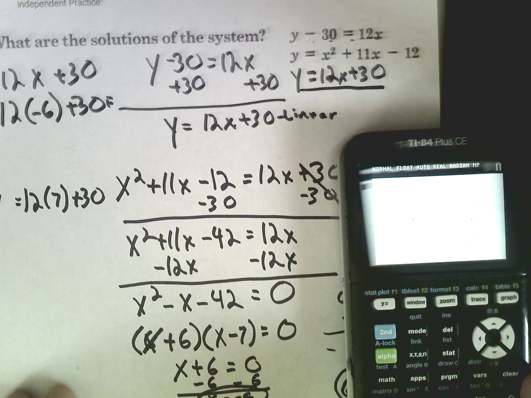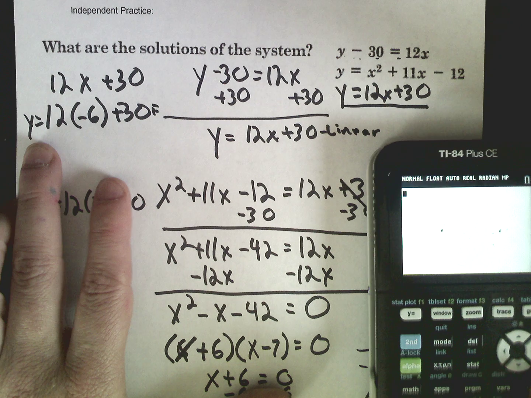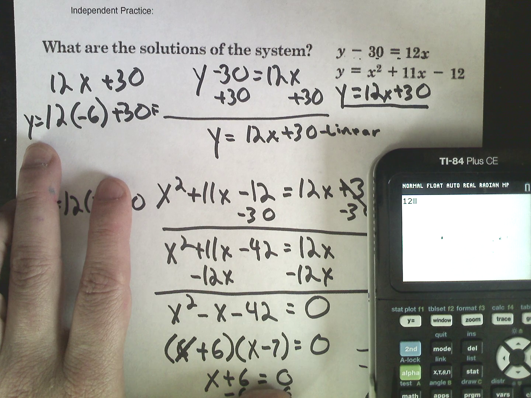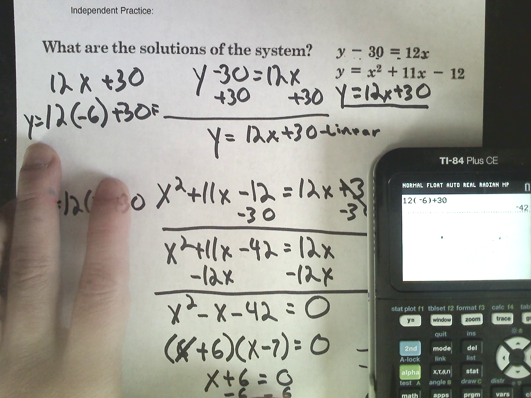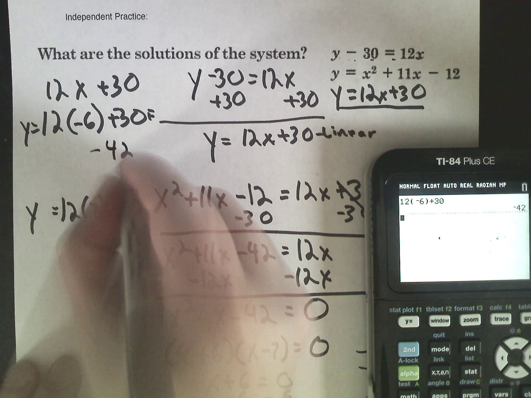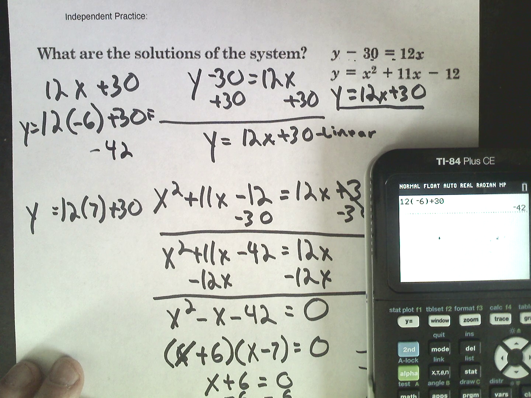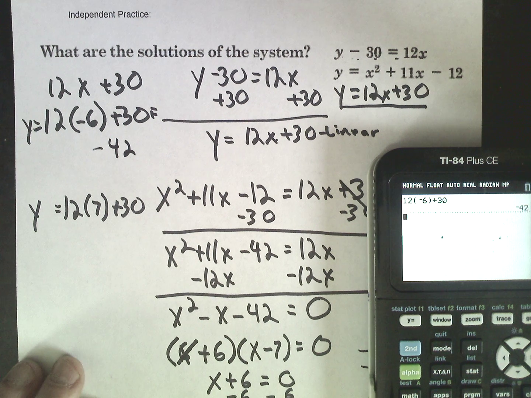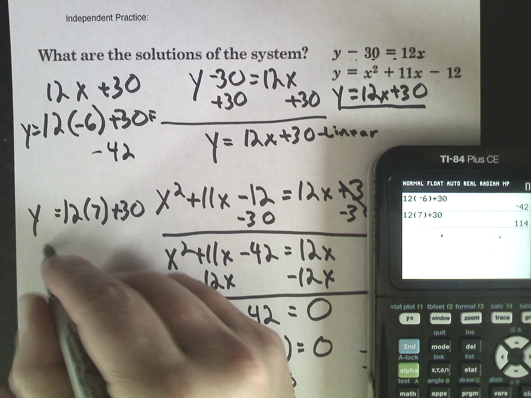So I'm just going to type them in exactly as I have them here. 12 times negative 6 plus 30. Negative 42. Then my other answer is 12 times 7 plus 30. 114.